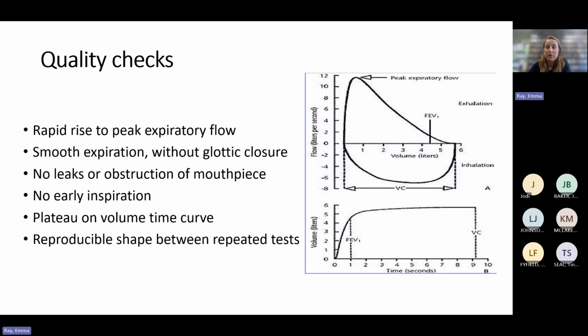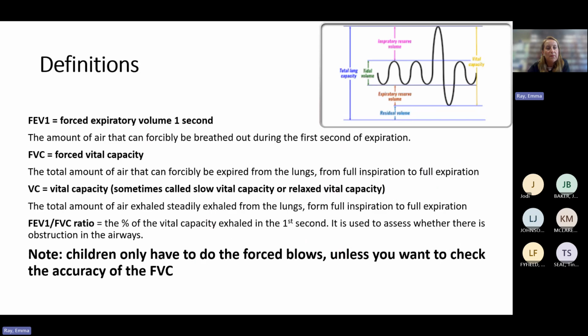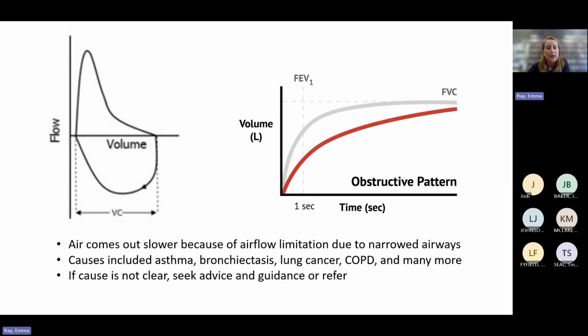This is what you would expect in an adult as well. These are some of the problems you might expect, which you've all probably seen: coughing, swallowing, not putting the effort in, or a hesitant start. These are your definitions, which you all probably know anyway, so I won't go into that.